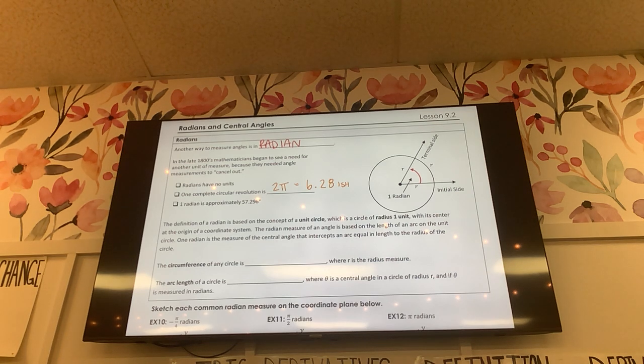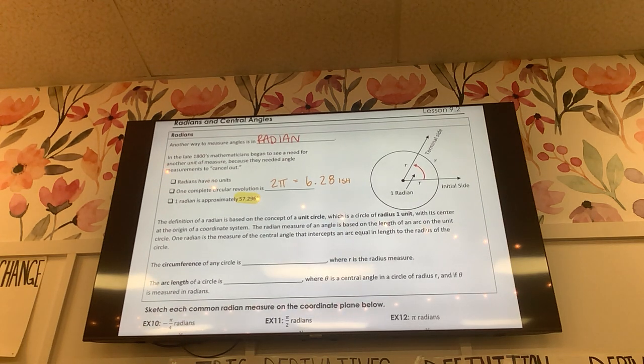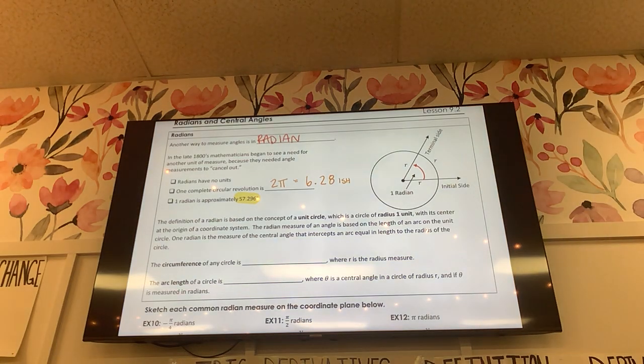And then we also saw that 1 radian was approximately 57.296 degrees. A lot of y'all got like 60 degrees or 59 or 58, which is all really close to 57. There's some error because we were using 68, which is kind of a lot of error, but your string was probably just too long. So it's okay, but it was a little off.